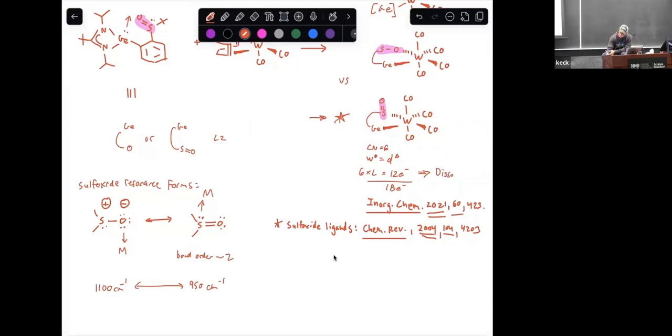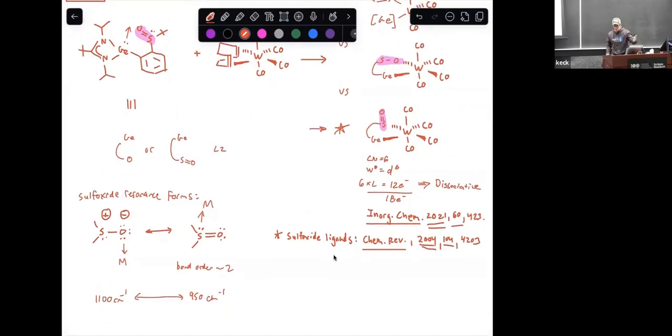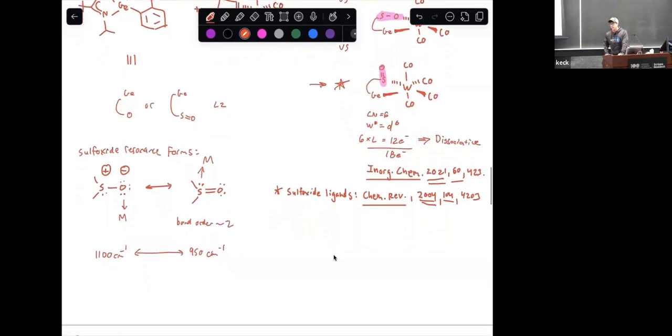Brilliant. We don't have any data here, so we just go on based on what we have, and 18 electron makes dissociative more likely. We'd then ask, are there any tricks here it could do that would make it able to undergo associative, like a ring slip or something like that, but we don't see anything like that. So likely one of the arms of the COD has to fall off, opening a coordination site, the ligand comes on, the other arm of the COD falls off, and then the sulfoxide is coordinating. Questions on that?